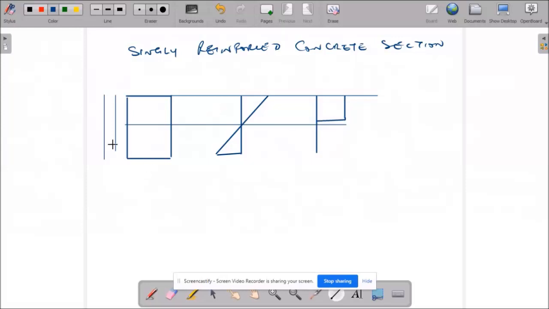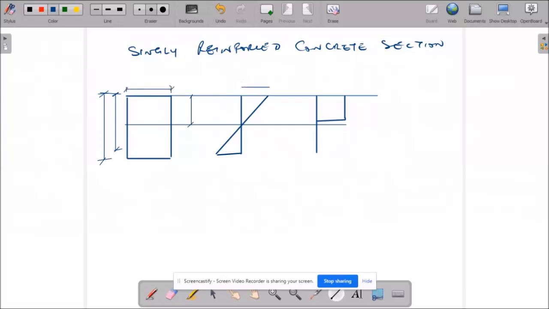So here we term this as our neutral axis depth, which is X. This is the overall height of the section, and this is the breadth of the section, B.